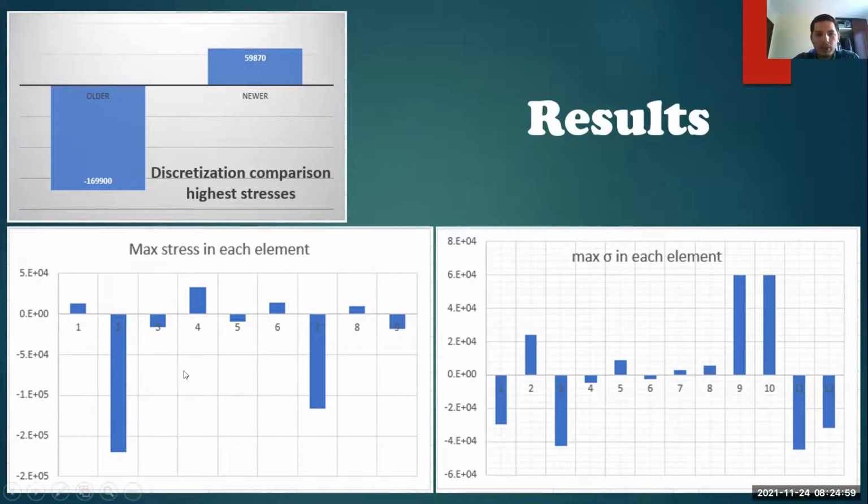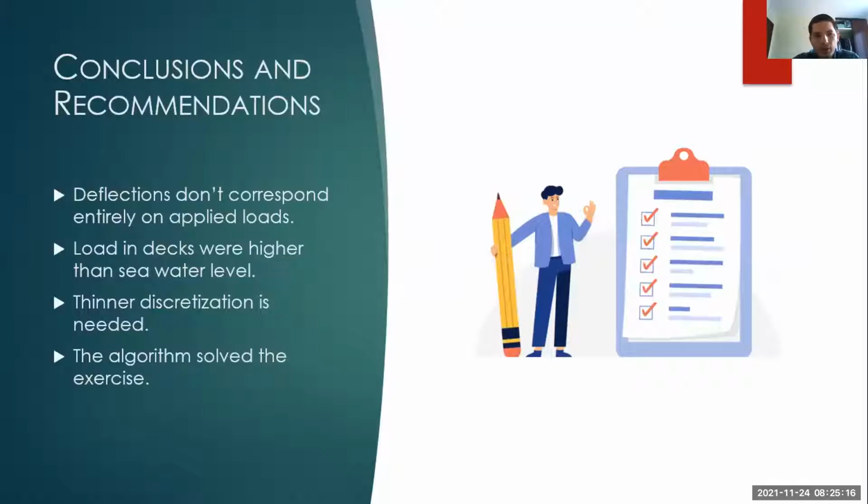Here we can compare each one of the elements or zones, and the highest value in all the frame with the older and the newer. It even changed sign, so a finer discretization is needed. The positive is that the algorithm solved all the exercises, the first one and the second one.